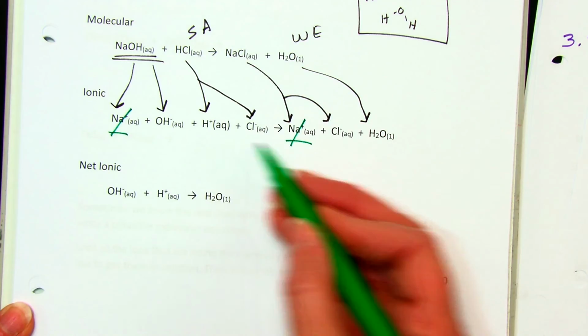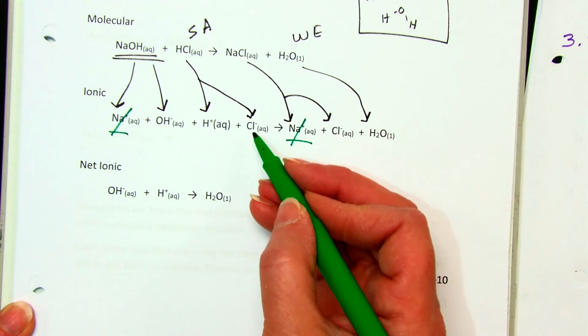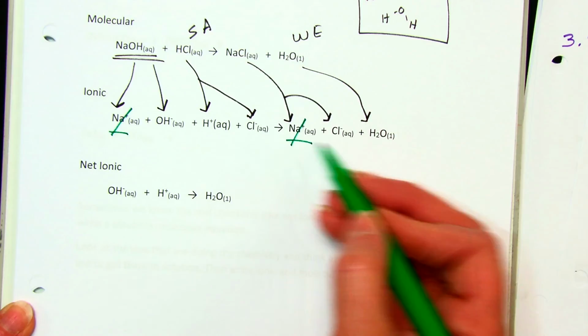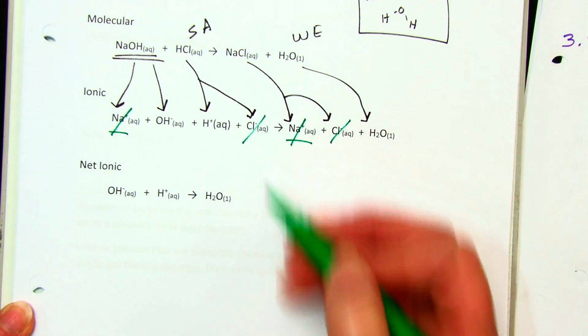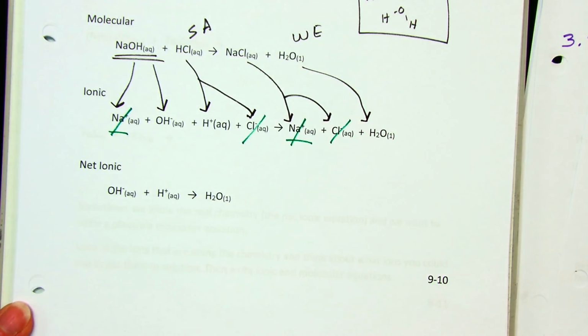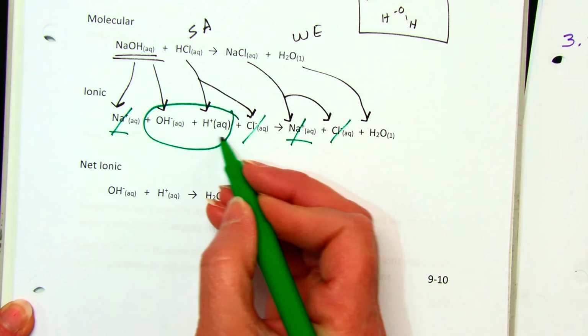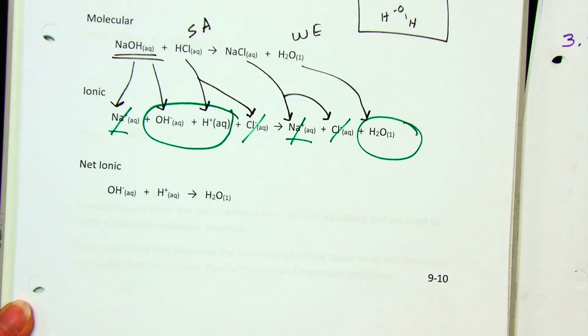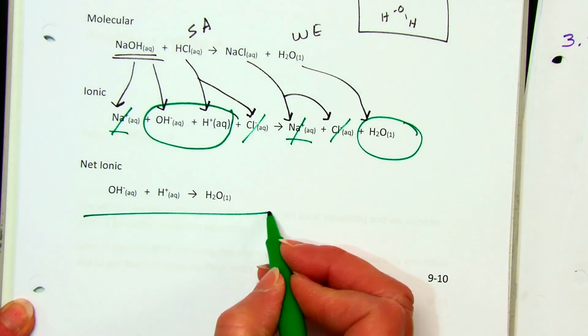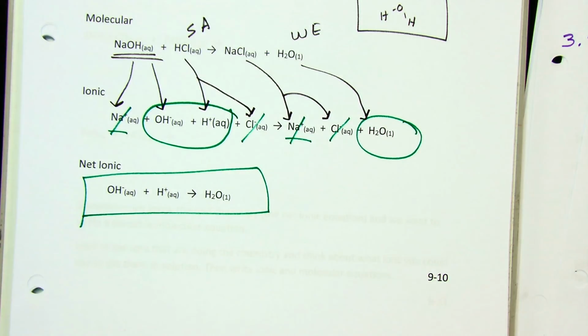Hydrogen here, no loose hydrogen. And I have chloride on the reactant side and the product side, so the chloride's not doing any real chemistry. So when I look at what's left, I have hydroxide and hydrogen reacting to make water, and that gives us the net ionic equation.